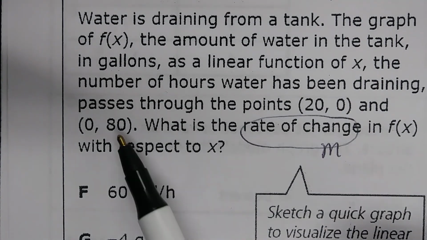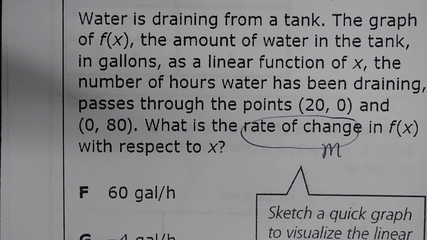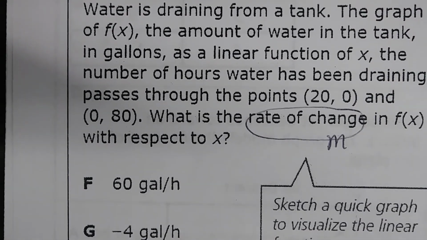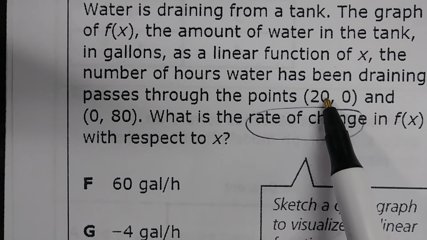I have 2 points. And I'm telling you today in class, we are writing equations of lines given 2 points. We are finding the slope given those 2 points. Did you realize when finding the slope, given those 2 points, you can also write the equation? It's very simple.